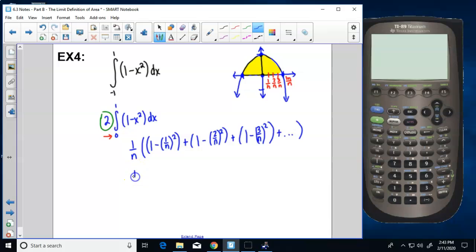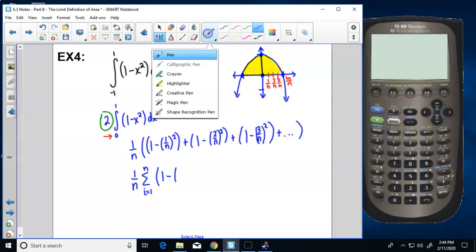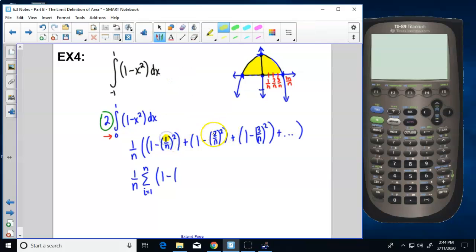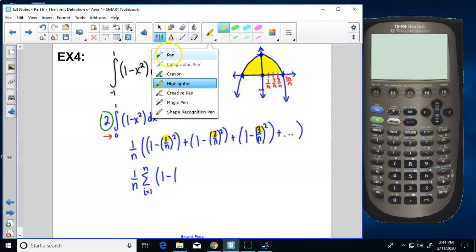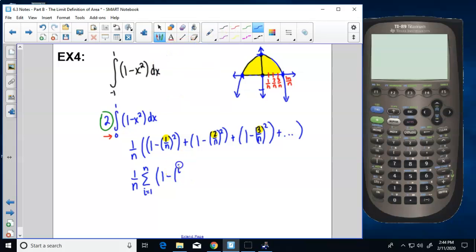So if I write that as a sum, it would be the sum from 1 to n of 1 minus, and the number that's changing is 1, 2, 3. This one is counting up just by ones, so I could just put i over n squared.